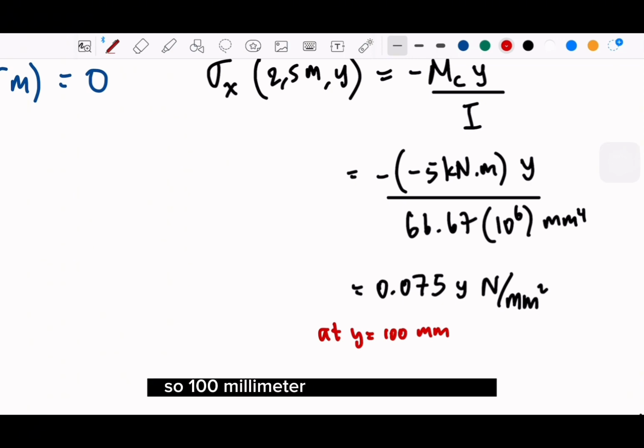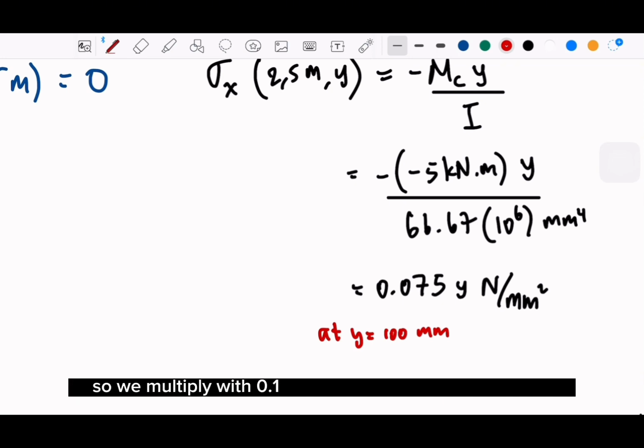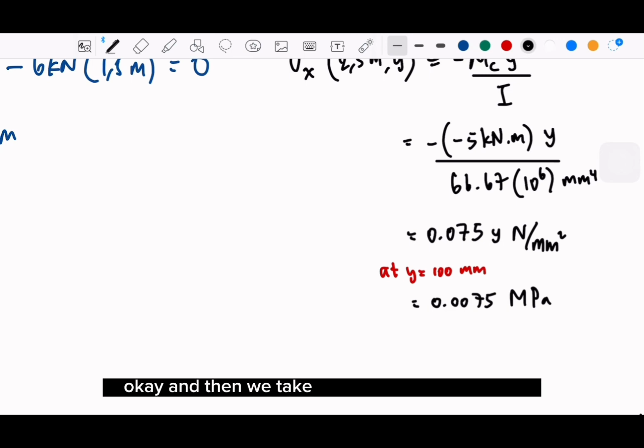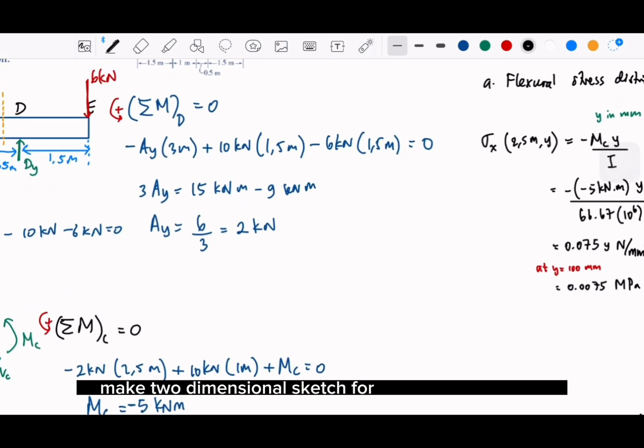So 100 millimeter, we divide by 1000, it goes 0.1, right? So we multiply with 0.1, and we can just add the number, MPa, like that.